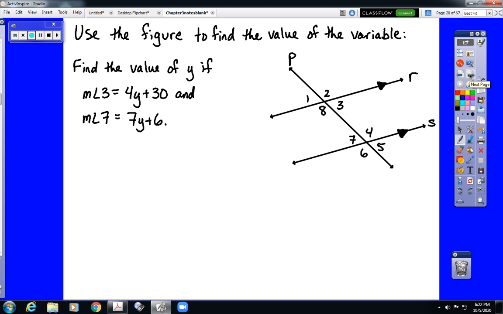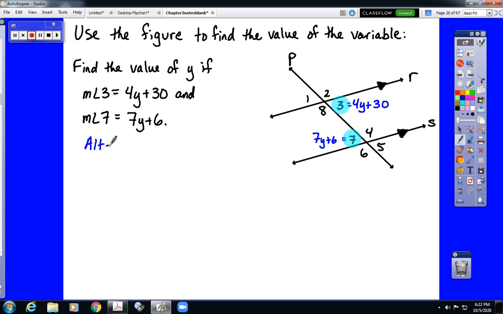Sometimes they're much simpler. For instance, here in this example, we're told that angle 3 is 4y plus 30, and angle 7 is 7y plus 6. Those two angles, angles 3 and 7, are alternate interior angles.